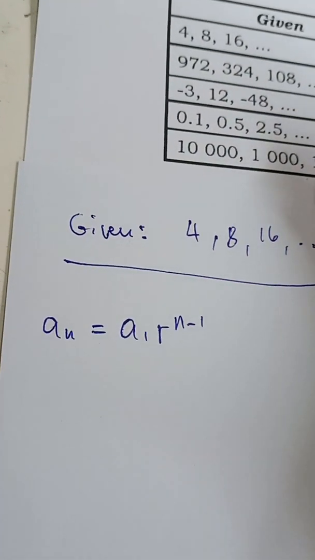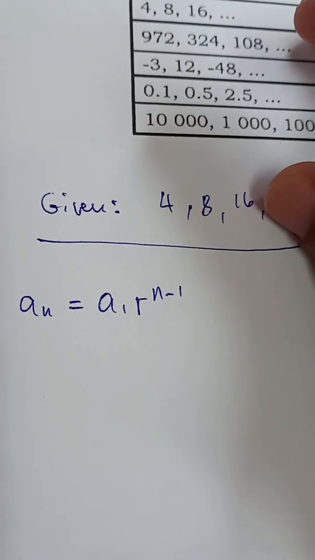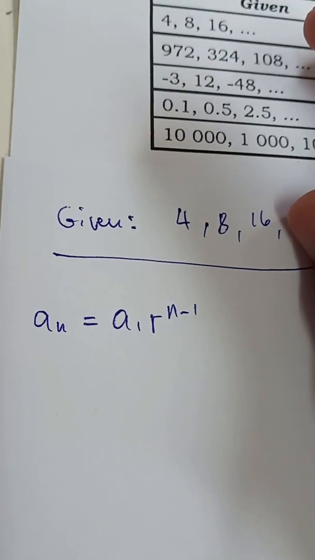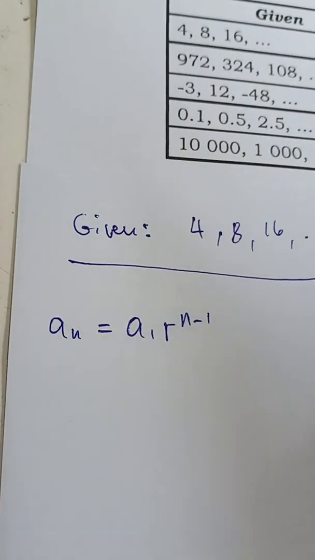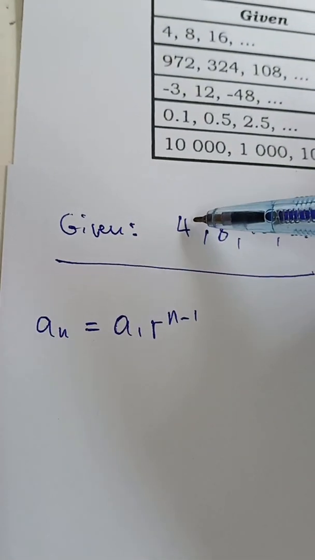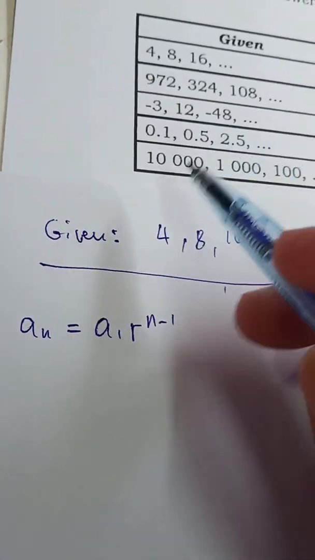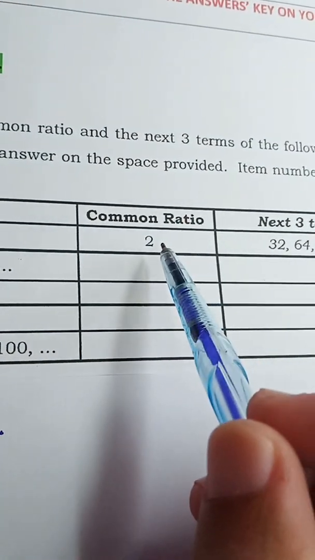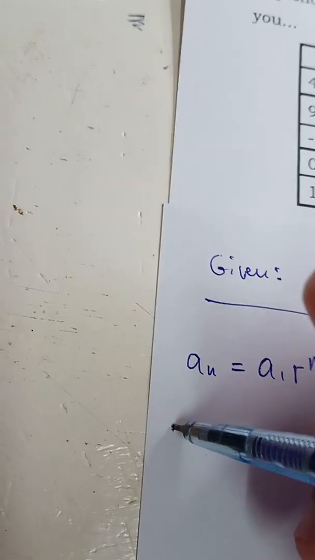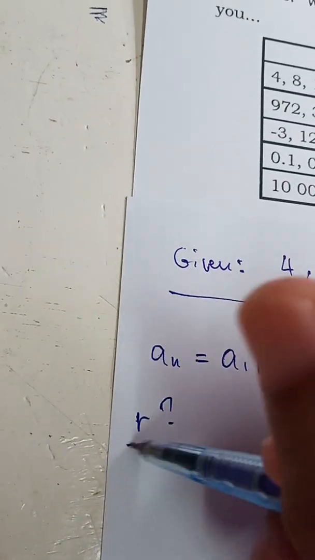So disregard muna natin yung mga dot, right? So consider muna natin yung 4, 8, and 16 in this formula. So we will check kung talaga 2 yung common ratio. Okay? So our goal here is to find the common ratio.